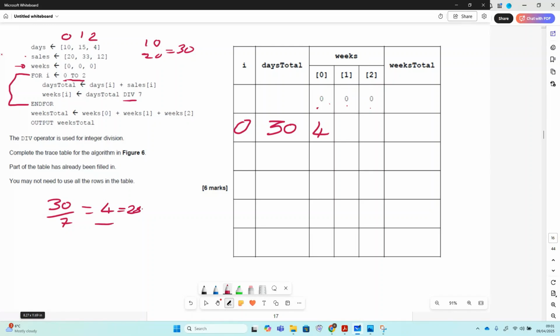And we get down to end for and we go back to I, so I becomes 1. So now days total gets days at I plus sales at I, so days at I is 15 and sales at I is 33. So 15 plus 33 is 48.